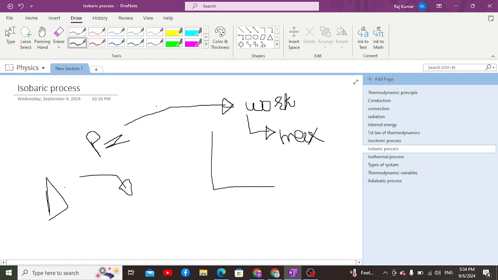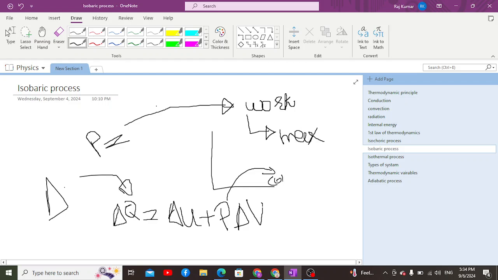Now, if you talk about the equation, it's totally the same. Only the difference would be that del Q equals del U plus W, where the value of W is P del V. So in this sense, P is constant over here.